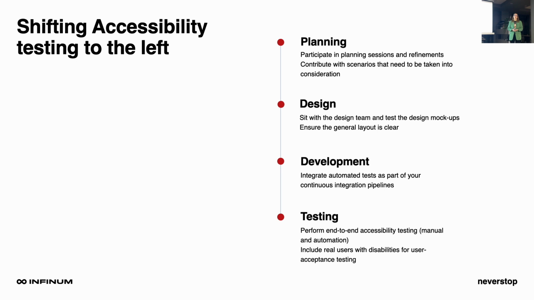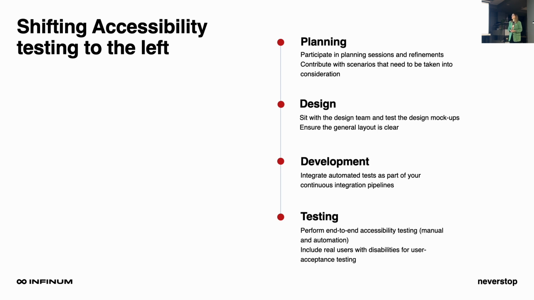So what should QA do? In the planning phase, participate in refinements and planning sessions, and contribute user scenarios that need to be taken into consideration, and some edge cases. In the design phase, it would be good if testers can sit with the design team and go through the design mock-ups and see if the general layout is working.